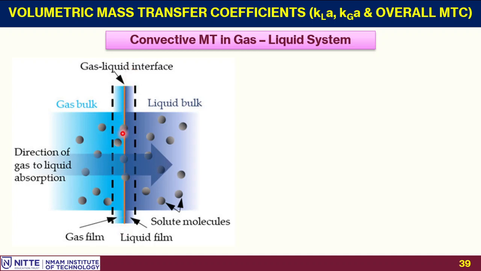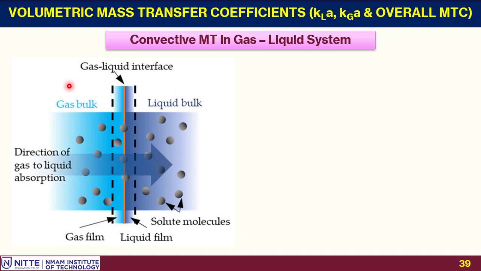That is, a gas liquid interface will be there. Across the interface on both sides, there is a gas film and a liquid film. These two films will be the major resistance to the mass transfer in this particular system.